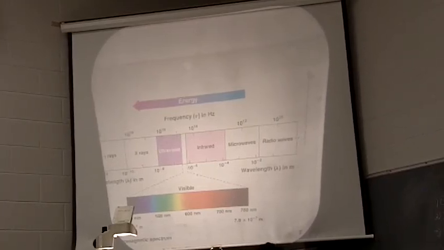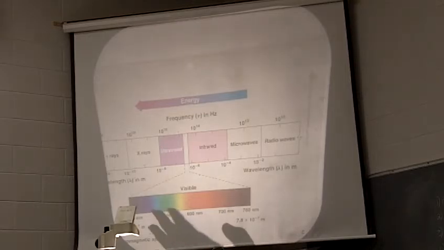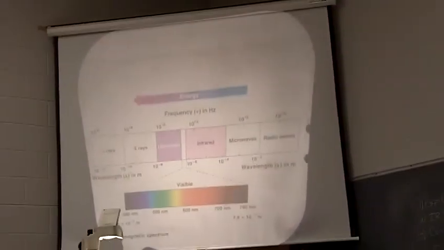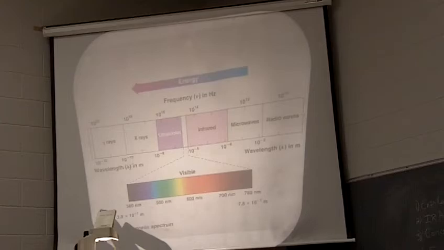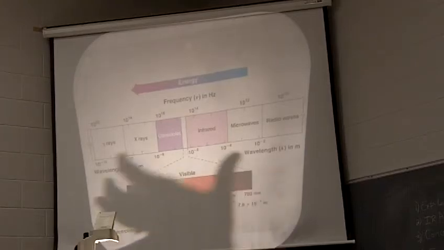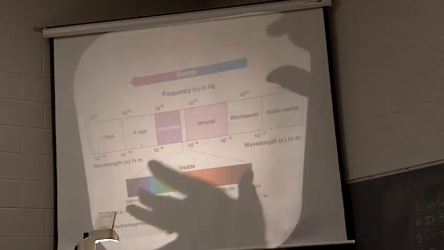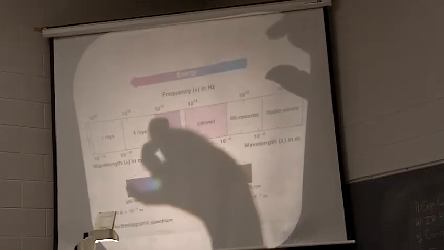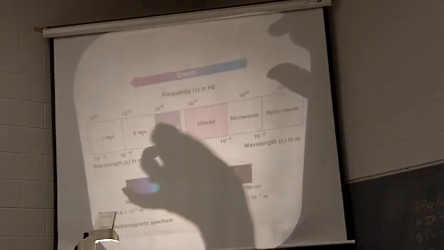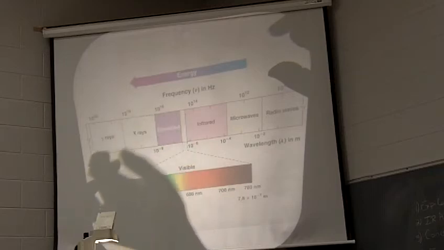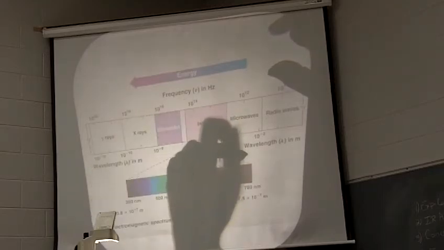All right. So if you guys remember the electromagnetic spectrum from Gen Chem, okay? It's a huge, big spectrum. The visible area is just this tiny little sliver in here, okay? One side is the ultraviolet side, the other side is the infrared side, okay?